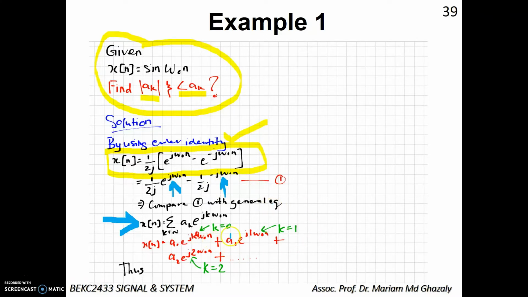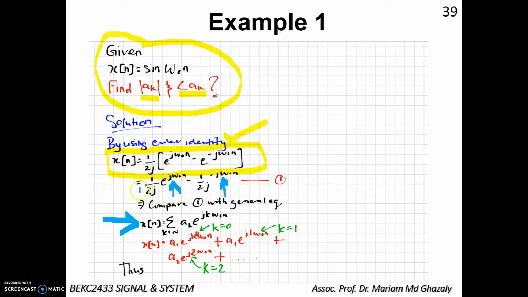So for k equal to 0, you don't have any value for the coefficient a_0, and you do not have any value for coefficient a_2 because there is no k equal to 2 in equation 1, right? So you only have a_1 and a_minus 1.